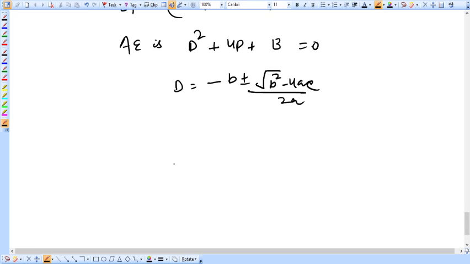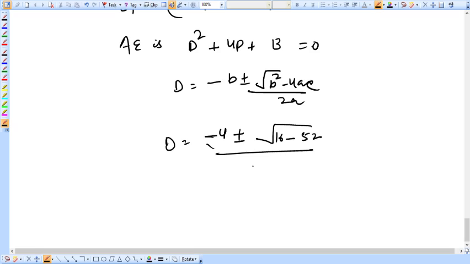So d is equal to minus 4 plus minus root of 16 minus 4 times 13, that is 52, divided by 2 into 1. Solving this, it is minus 4 plus minus root of minus 36.